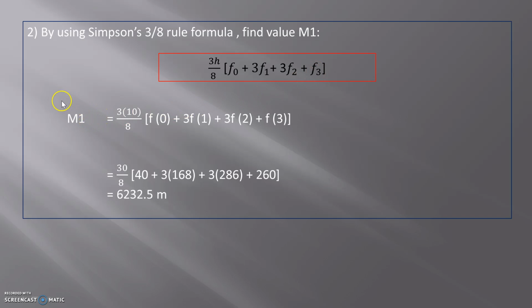So M1 equals 3 times H, which is 10, over 8 times function of 0 plus 3 function of 1 plus 3 function of 2 plus function of 3. So we could get the value of M1 from the fixed formula of Simpson 3/8 rule.